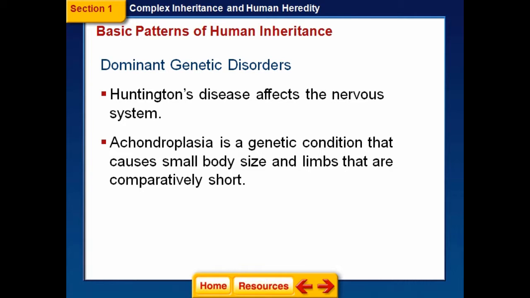Now, those are recessive disorders in which you have to have both recessive genes. Some dominant genetic disorders, where you only need one dominant gene in order to have the disorder, are Huntington's disease, which affects the nervous system. Achondroplasia, also known as dwarfism, is a genetic condition that causes small body size and limbs that are comparatively short.